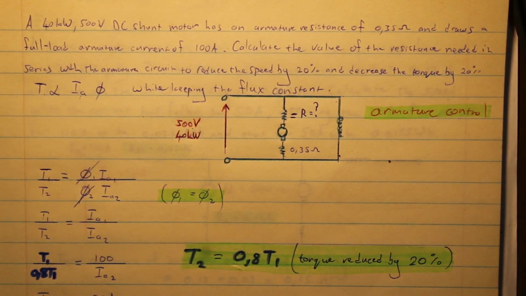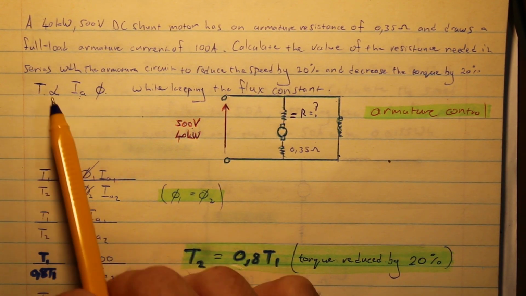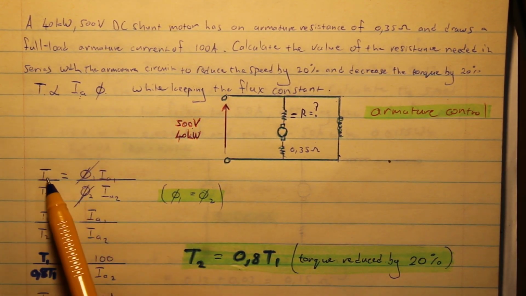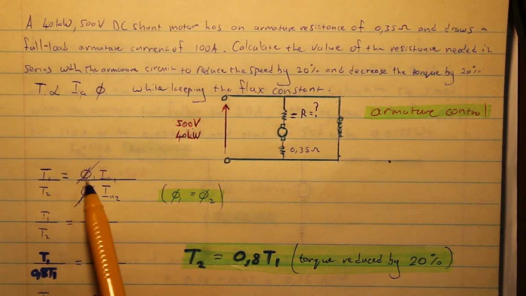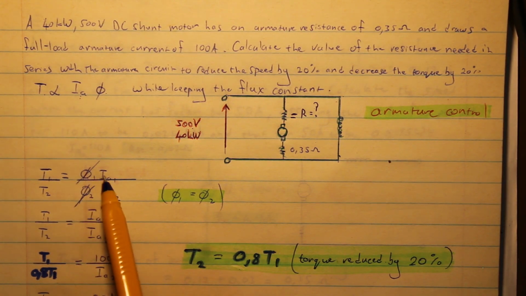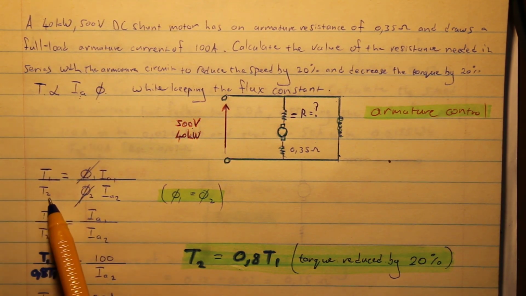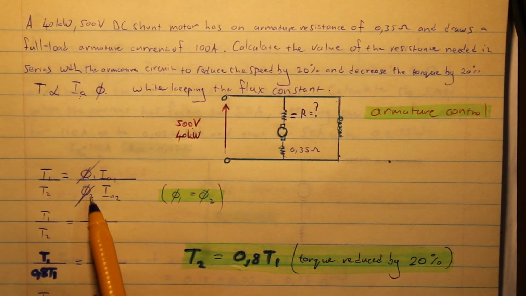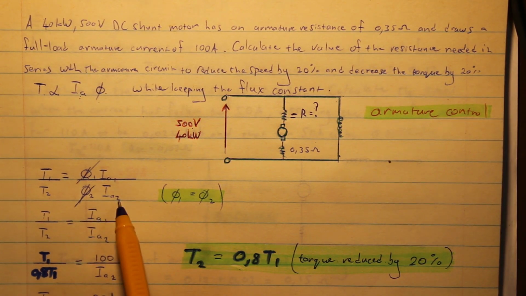Using this relationship, we can say that T1 equals flux 1 times armature current 1, over T2 equals flux 2 times armature current 2.